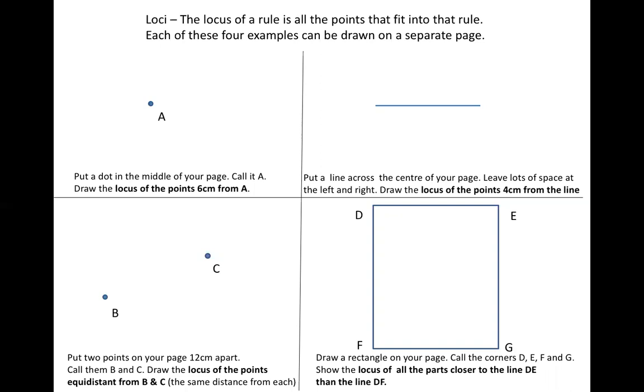When we look at locus or loci, we're looking at many different possible positions a point can be at. We have a rule, and based on the rule, there are possible points related to the point of reference. We want to look at all those possible points, so there will be more than one. It will be like a region of points.